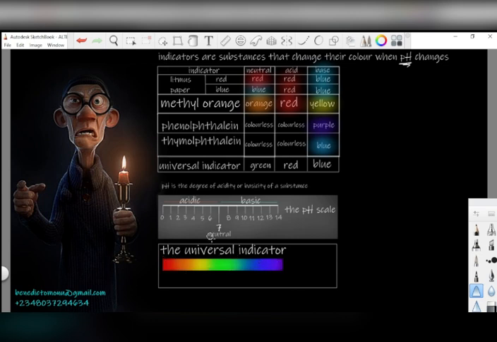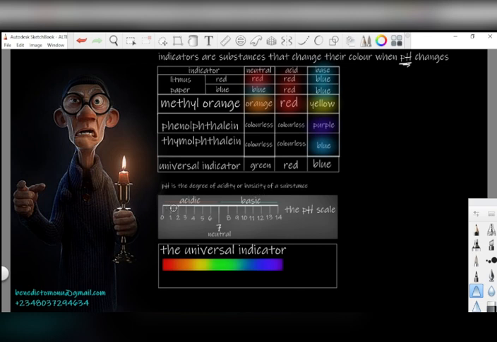The universal indicator is a very important indicator because it not only tells you if a medium is acidic or basic, it tells you the degree of acidity or basicity it has. You remember what we did before in elementary school about pH being a measure of the degree of acidity or basicity of a substance.